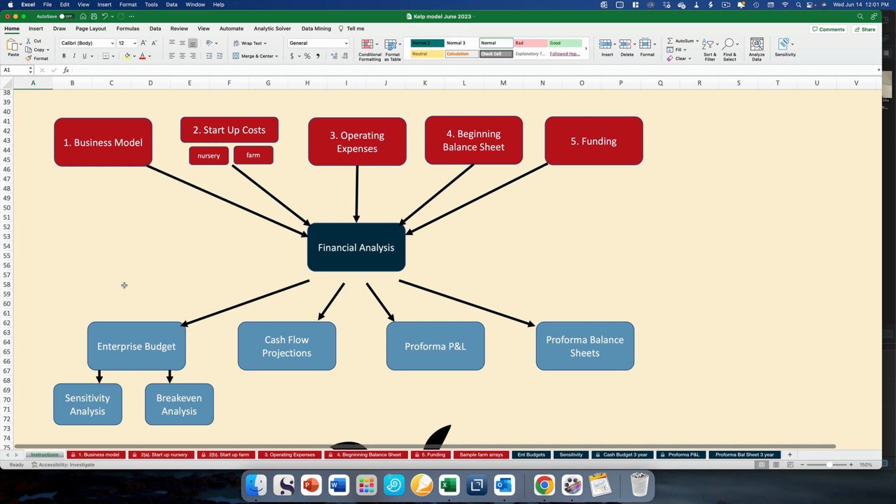So an enterprise budget is an economic analysis tool. It is a little bit different from these financial output sheets because it breaks up your cost structure a little bit differently so that you can glean a little bit more information. So let's go ahead and take a look at that enterprise budget.